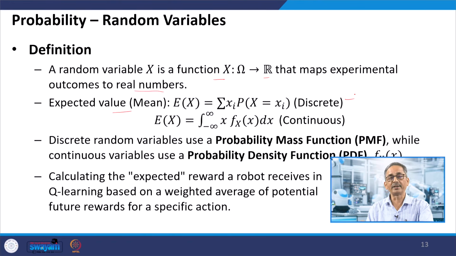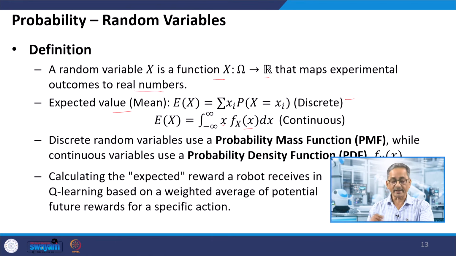This is for the discrete one. Similarly for the continuous one, I can give the expected value for event x as the integral from minus infinity to infinity of x times the probability density function. So, that way we can do that.